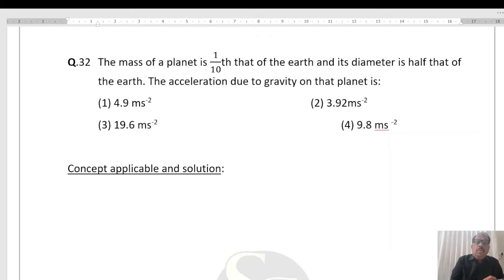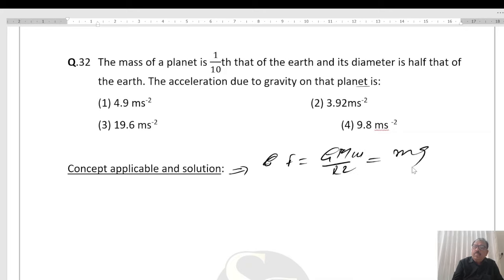Question is, the mass of a planet is 1 by 10th that of Earth and its diameter is half that of Earth. Acceleration due to gravity of that planet is? You know the universal law of gravitation. F equals G M m over r square.